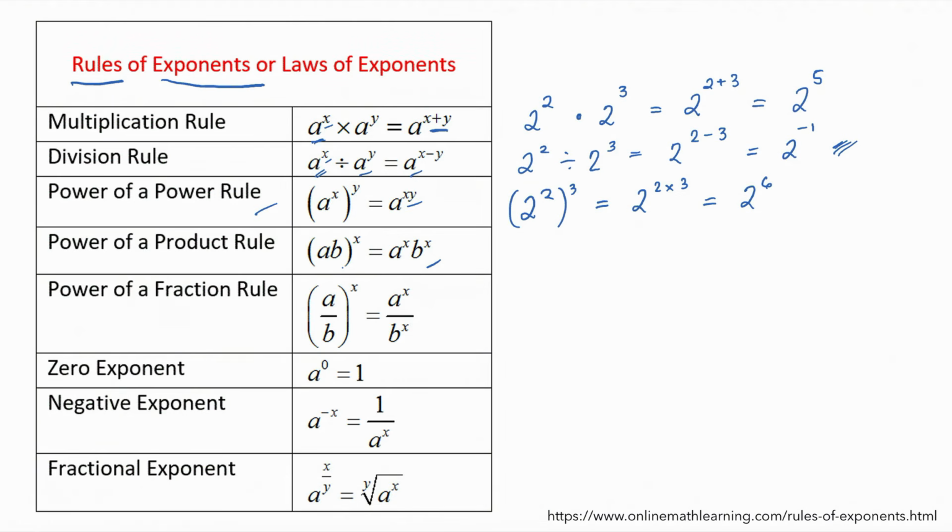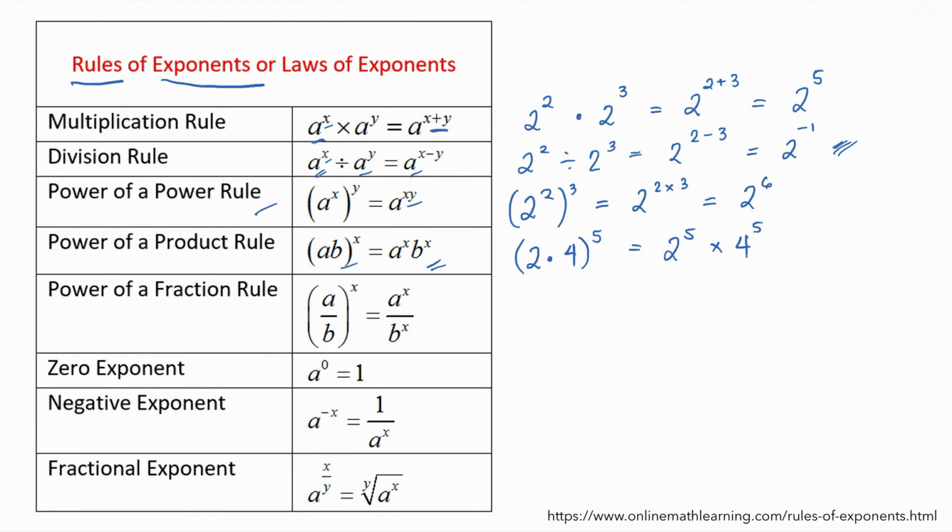So, sa power of a product rule naman, kapag meron kang quantity AB raised to X, equal din yan sa A raised to X times B raised to X. So, kunyari, meron kang 2 times 4 raised to 5. Equal din yan sa 2 raised to 5 times 4 raised to 5.